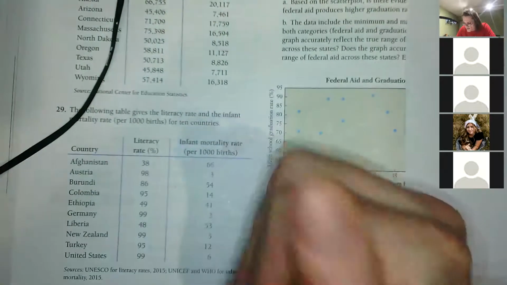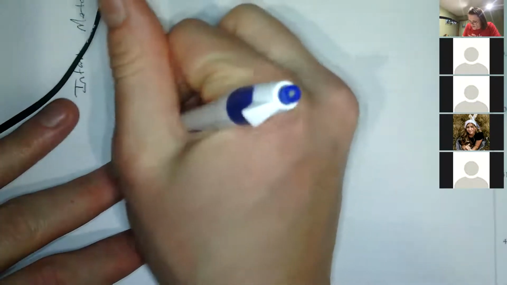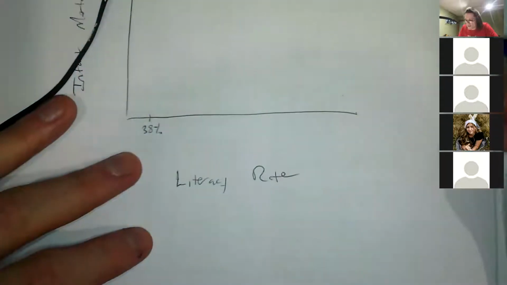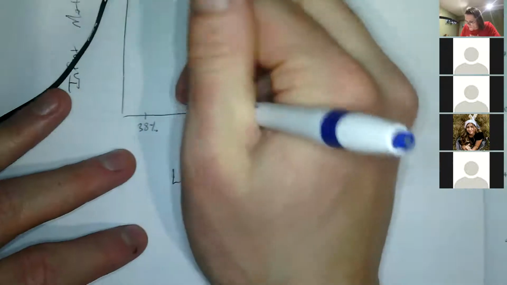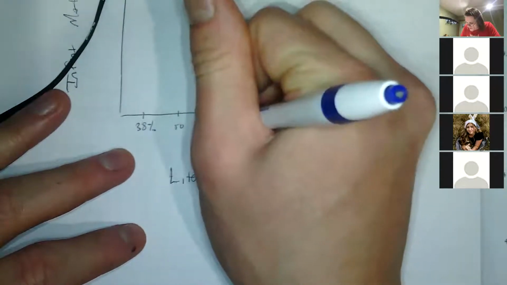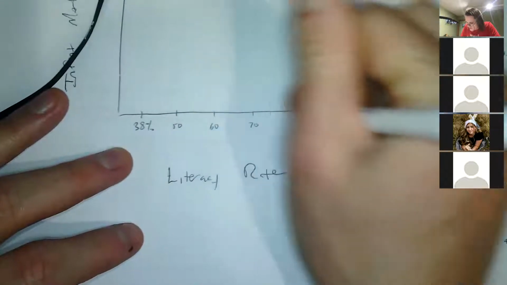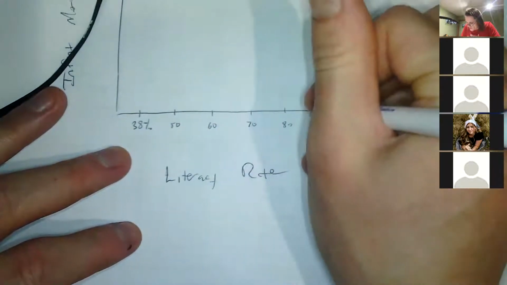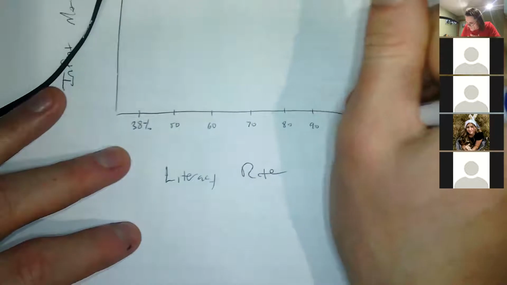So 38 to 100. Ugh, I don't know. I'll put 38 here, and I guess I'll just go by tens. So this is about 40. We'll say it's 40. So 50, 60, 70, 80, 90, 100. All right, so I'll scribble that out and say 40.